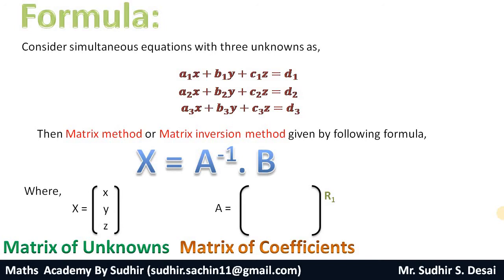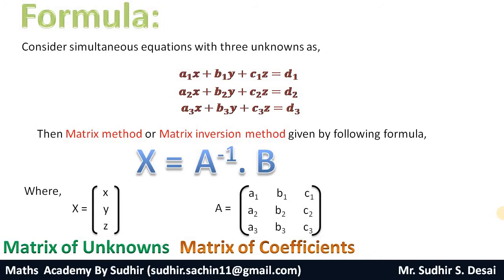In row 1 we will write down the coefficients of x, y, z of equation 1, which are a1, b1, c1. In row 2 we write the coefficients of x, y, z from equation 2, they are a2, b2, c2. And in row 3 we write the coefficients of x, y, z of equation 3, a3, b3, c3.